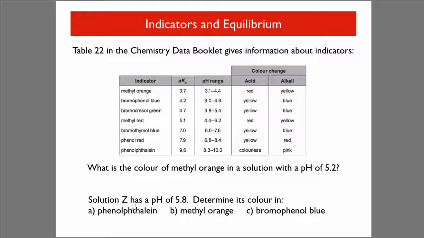Determine its colour in phenolphthalein. 5.8 is below its pH range, so it's going to be acidic, and the acidic colour is colourless. Methyl orange: 5.8 is above the range, more alkali, so it's going to be yellow.